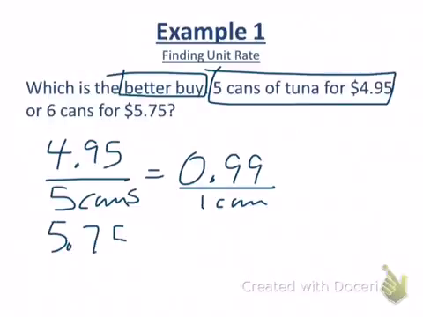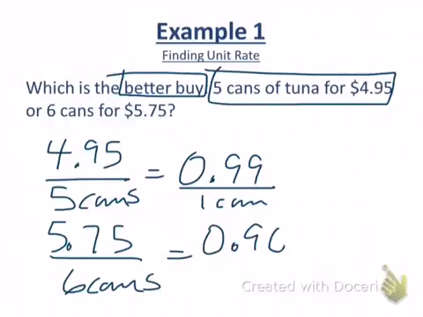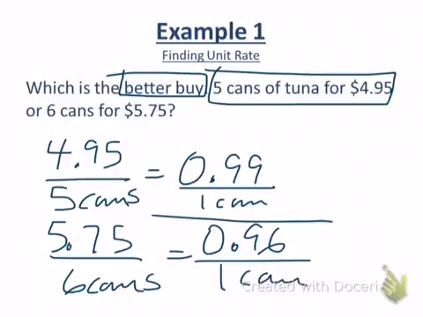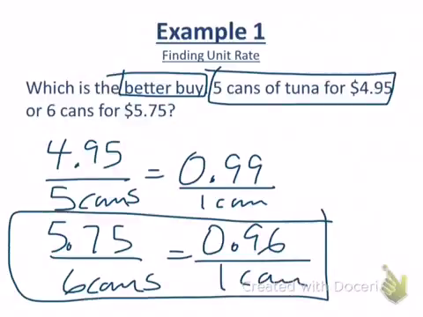So $5.75 for 6 cans, and you just do the division, right? 6 goes into 5.75, 0.96, right? Yeah, I think it's 0.96 dollars for 1 can. So the better buy is the 6 cans for $5.75.